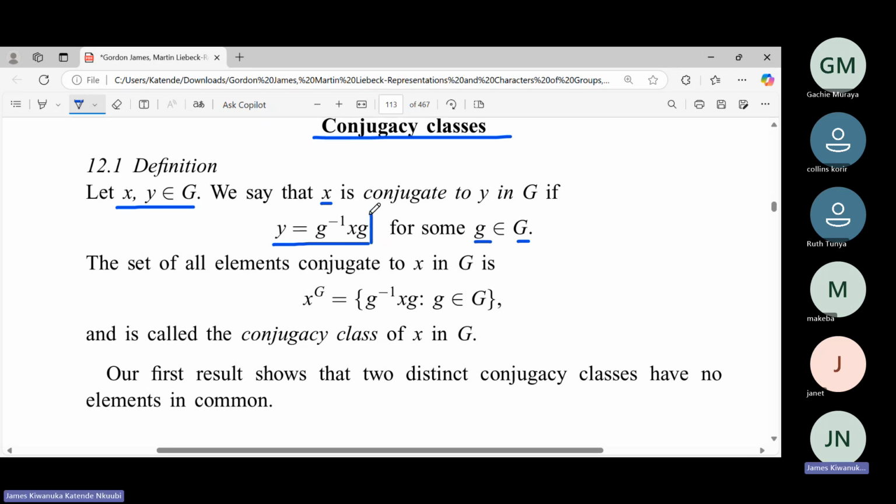So this definition is going to be the focus of our topic. If you run through all the elements of G, you can collect all the elements that are conjugate to X. We call this set the conjugacy class of the element X in G. This will be notation that is used throughout.